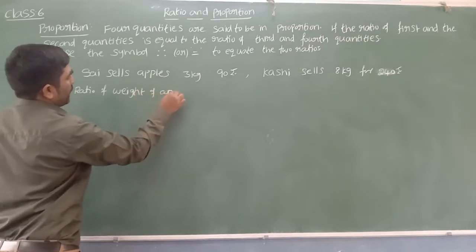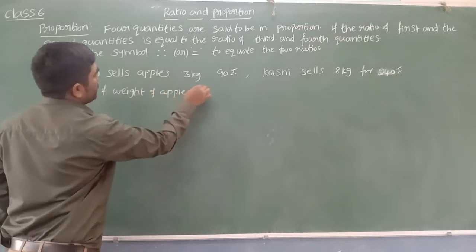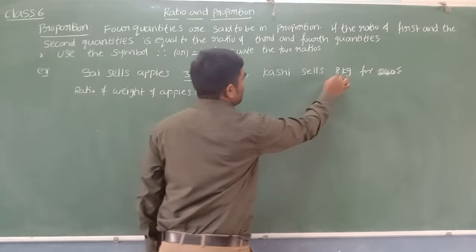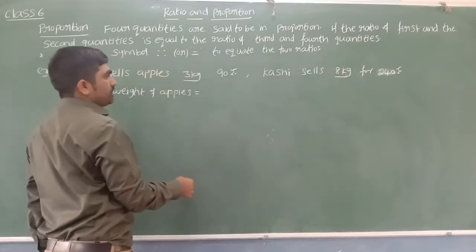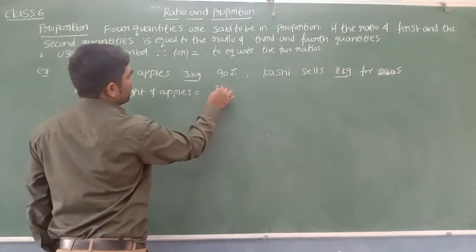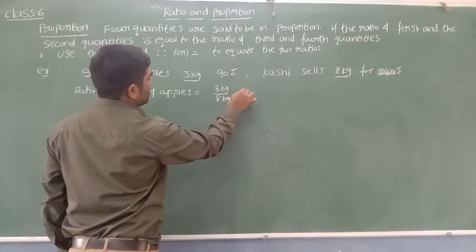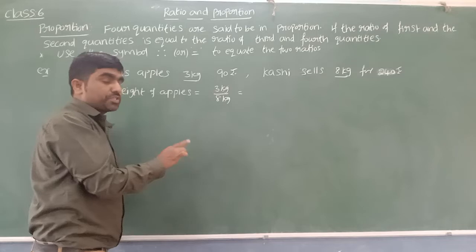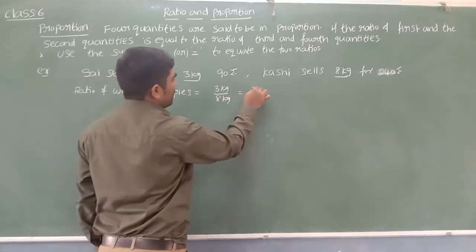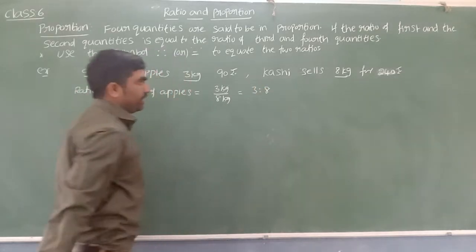The ratio of the weight of apples is 3 kg to 8 kg. Let me write 3 kg by 8 kg. The kg cancel, giving 3 by 8. It is already in simplest form, as there is no common factor for 3 and 8. Let us write 3 is to 8.